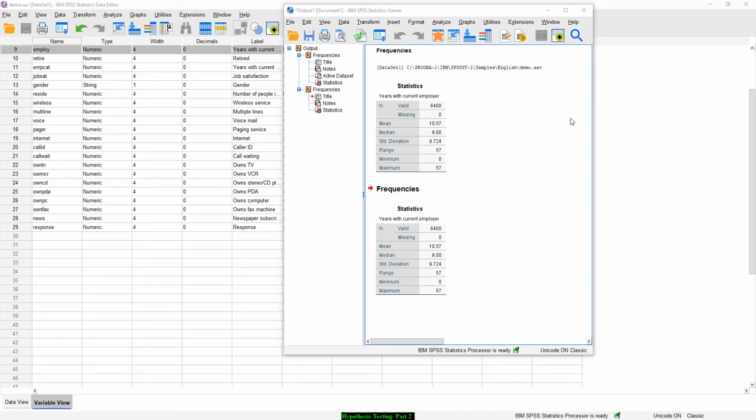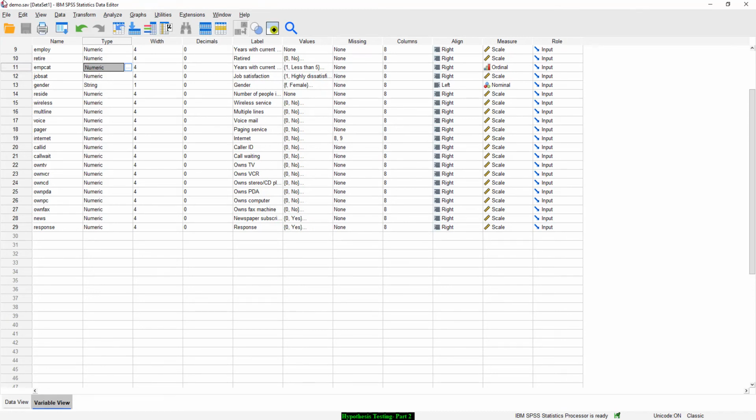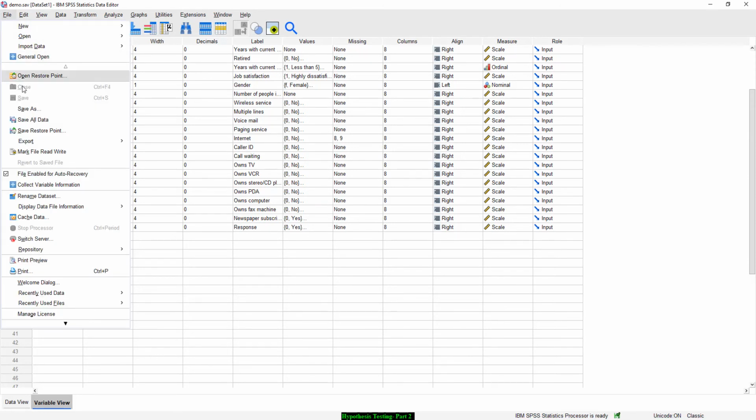Try opening SPSS, and I hope you are using the current version, 28. If you use 28, you have the same interface as me. It looks white, there's no blue anymore. You just open file, open data.